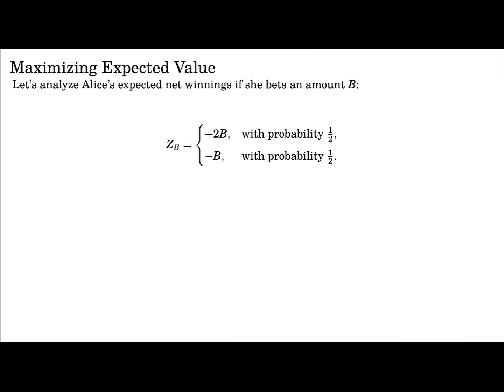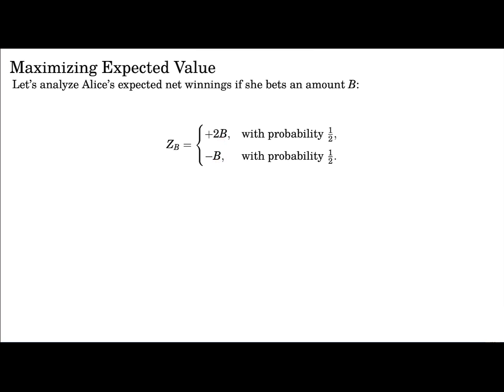Let's look at what happens when she is betting a certain amount B on the game. If she wins, she gains twice her bet, and if she loses, she loses whatever amount of dollars she bet.